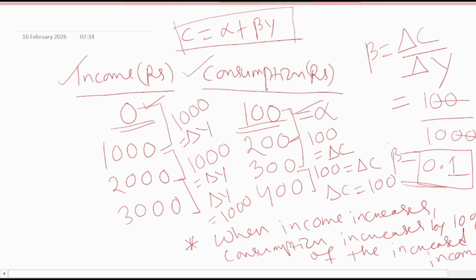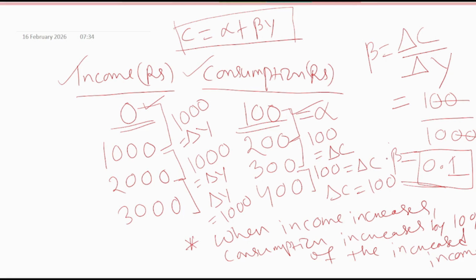This means that when income increases, consumption increased by 10% of increased income. That means 10% of 1000, that means every time income is increasing by 1000, and 10% of that 1000 is increasing every time.